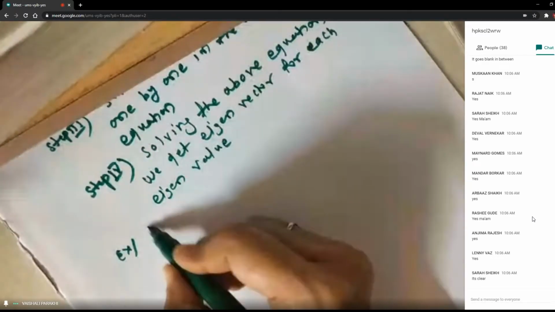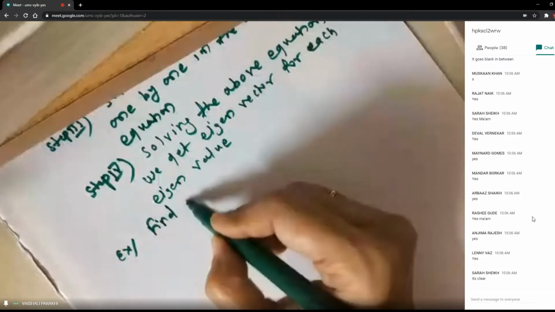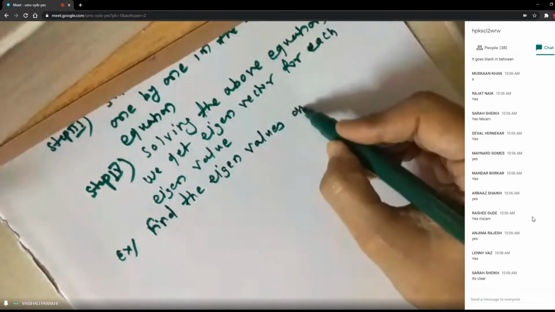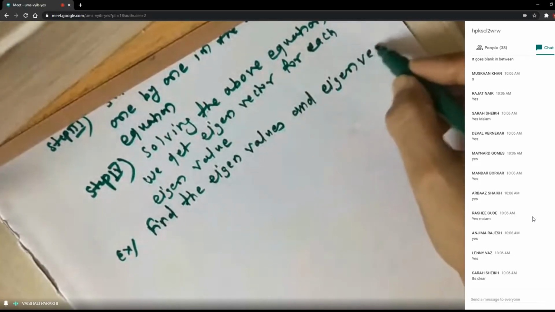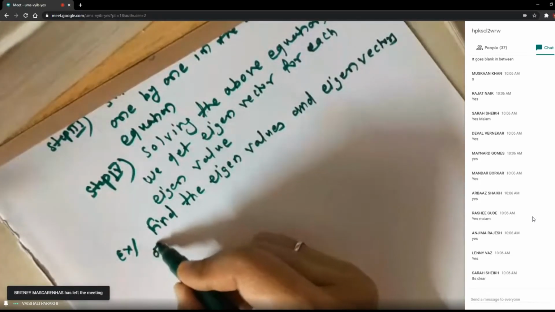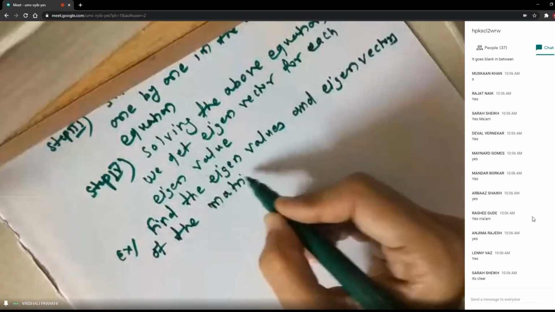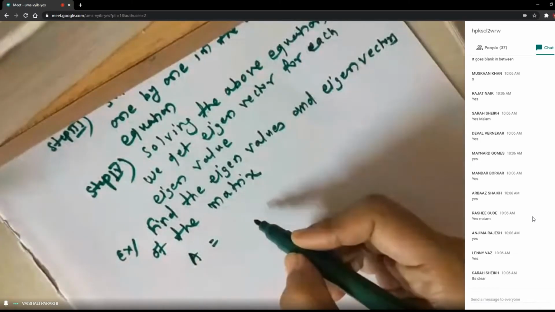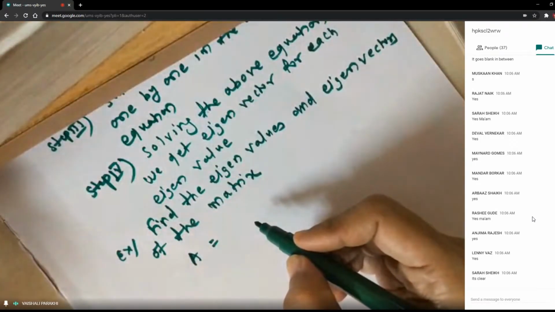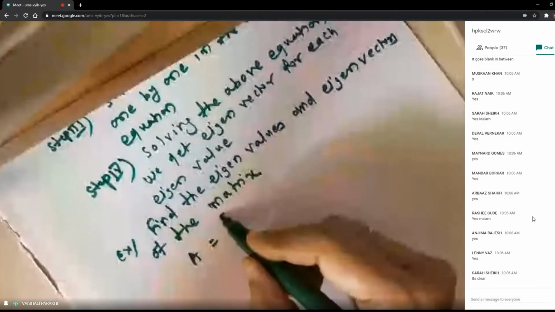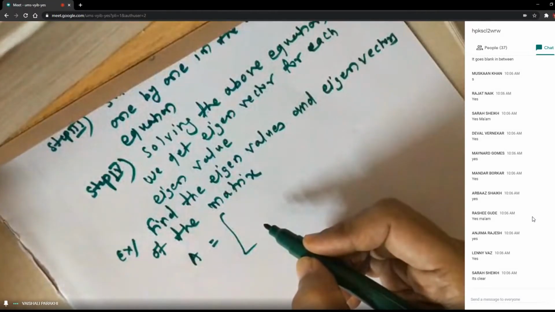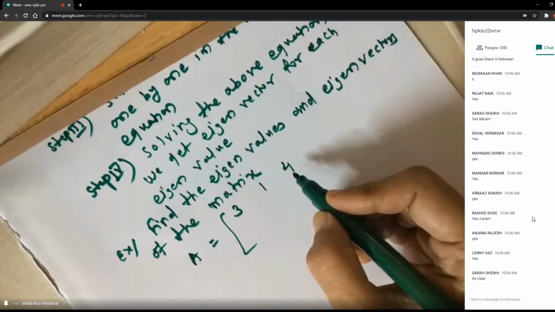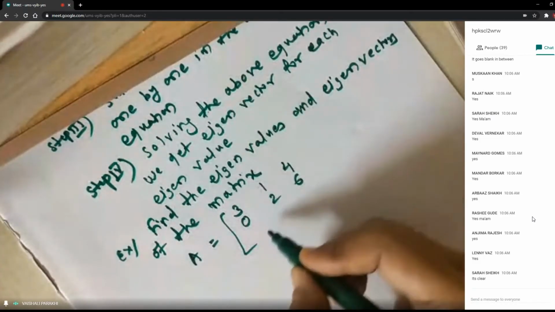Question is like this. Find the eigenvalues and eigenvectors of the matrix A equal to, the matrix is given as 3, 1, 4, 0, 2, 6, 0, 0, 5.